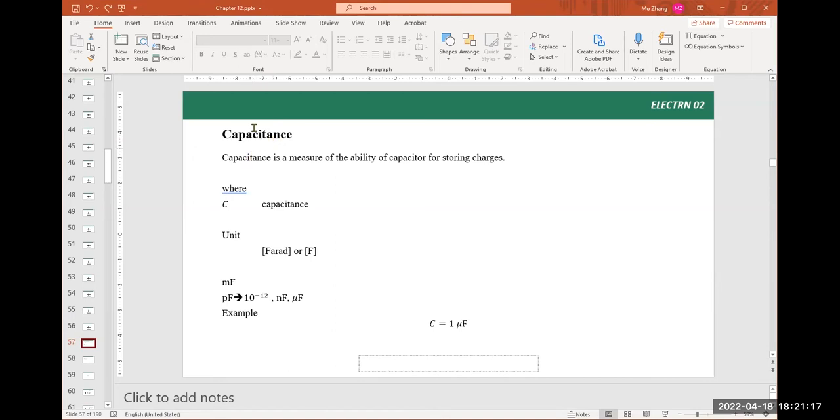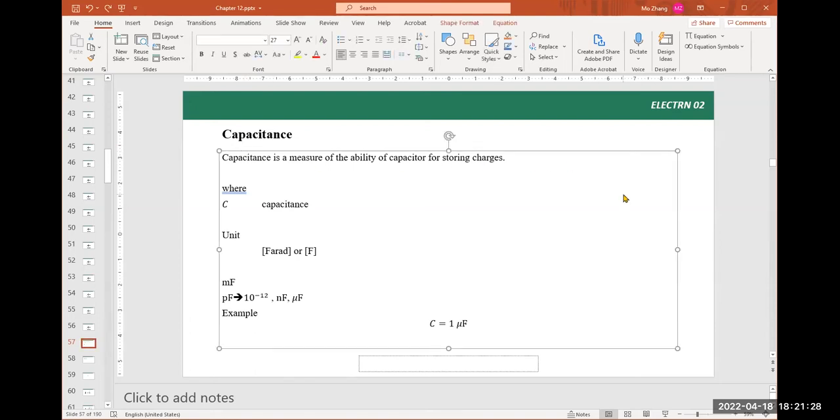A capacitor with bigger capacitance can store lots of charges. A capacitor with small capacitance stores little charge. So capacitance is a measure of the ability of a capacitor to store charges. So that is called capacitance.